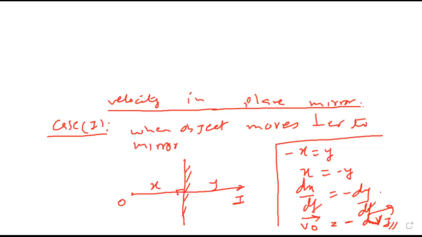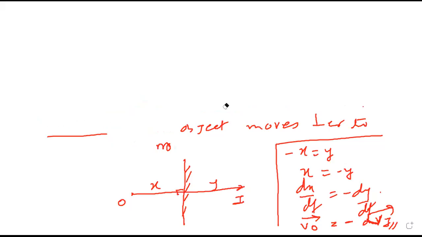Now you can write the velocity in plane mirror. So the velocity of the object is opposite to that of the velocity of the image.